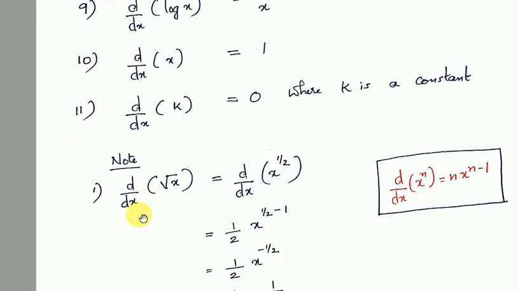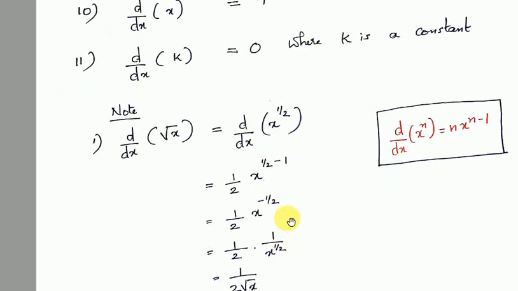D by dx of root x. Root x we can write as x raised to half. Now it is in the form of x raised to n, where instead of n, here it is half. So we know that d by dx of x raised to n equal n into x power n minus 1. So half into x power n minus 1, that is half minus 1, that is minus half.